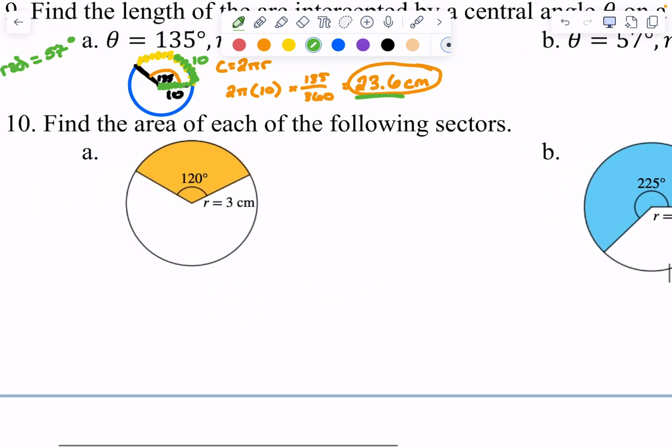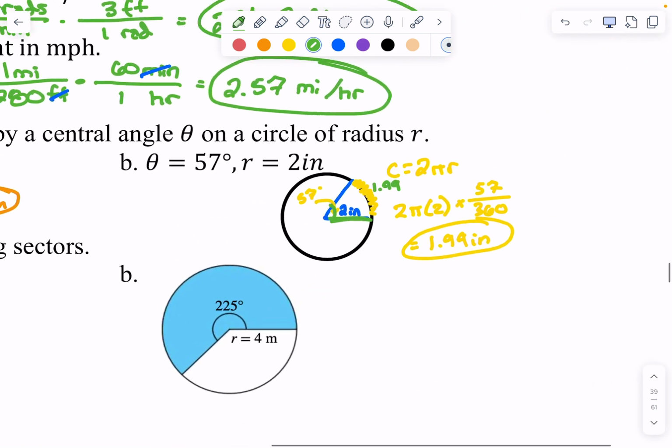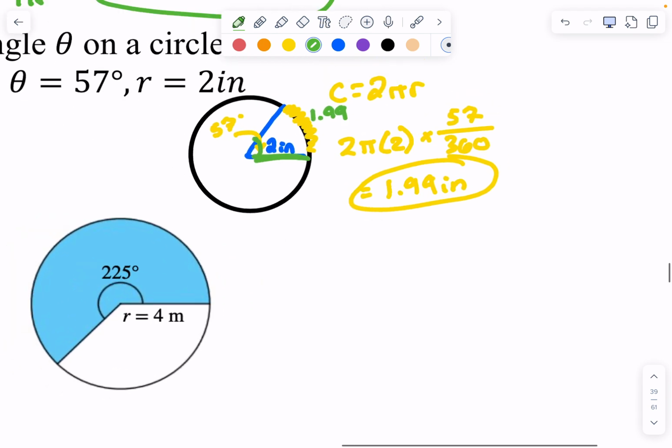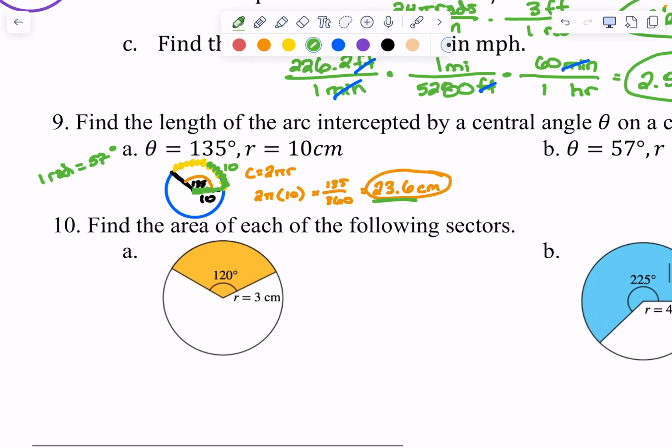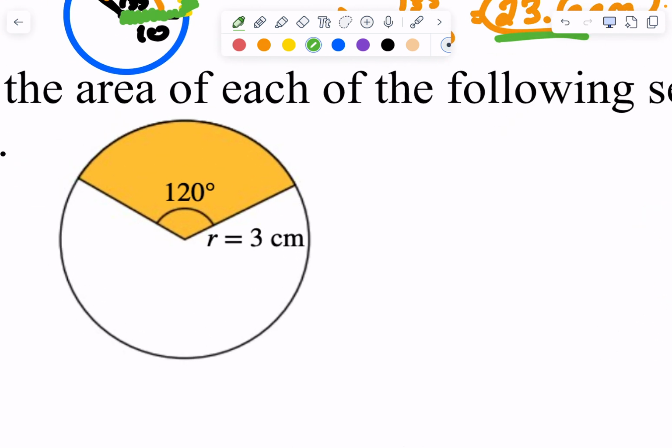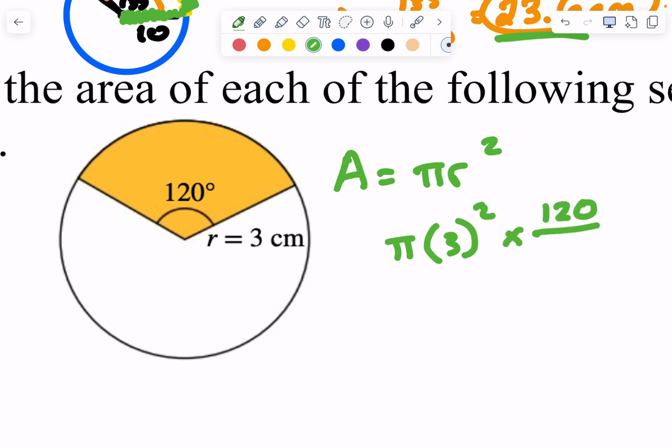All right, now instead of talking circumference, we're talking area. How would I find the area of that entire circle? Pi r squared, and the radius here is 3. So the entire area would be pi times 3 squared. But I only want 120 out of 360.